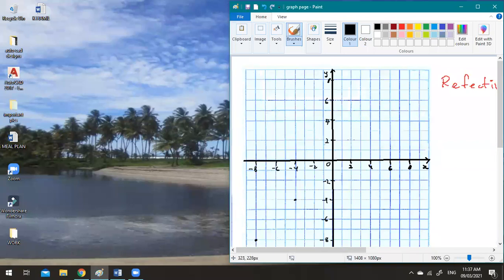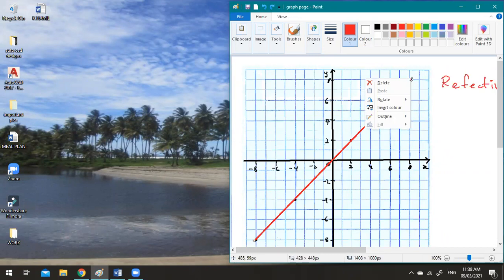If the x value is 2, the y value will be 2, right? And so on and so forth. And if we were to draw a line, you'll see that this line is x equal to y. I'll change the color of the line. This line is x is equal to y, right?